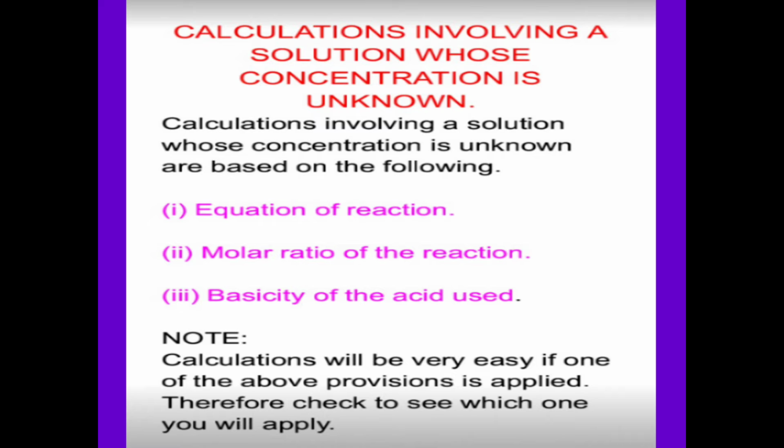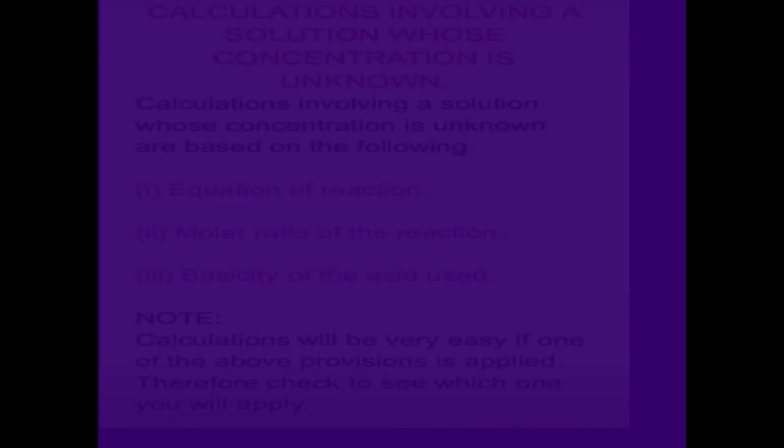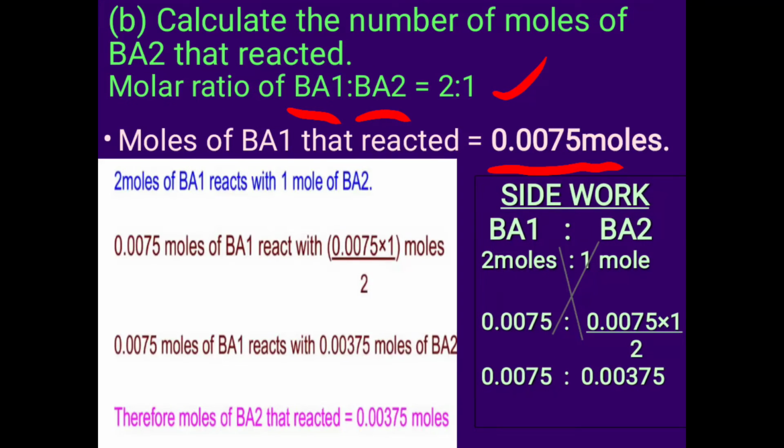If you are going to use the equation of reaction, that is still going to be your first approach. If it is basicity, you'll begin with basicity. Okay, for our case, they have given us the molar ratio. So we start from known to unknown.